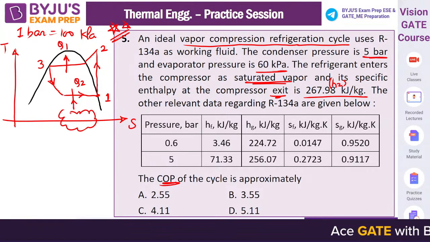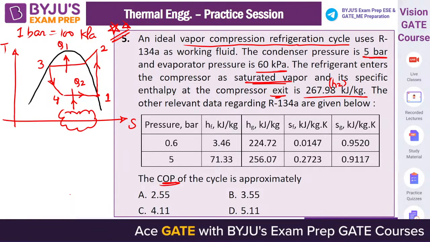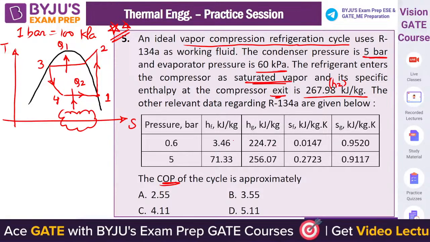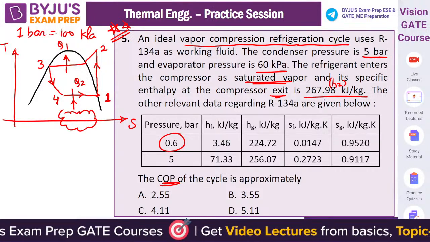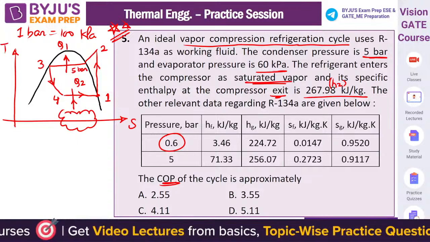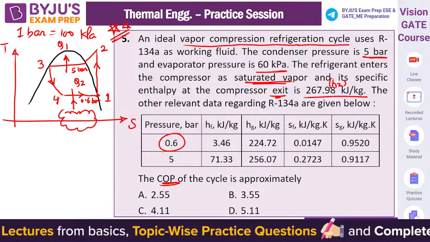This is the storage space, and 3 to 4 is isenthalpic. This is the vapor compression refrigeration cycle. So corresponding to 0.6 bar, here the pressure is 5 bar, the condenser pressure, and the evaporator pressure is 0.6 bar, isn't it?